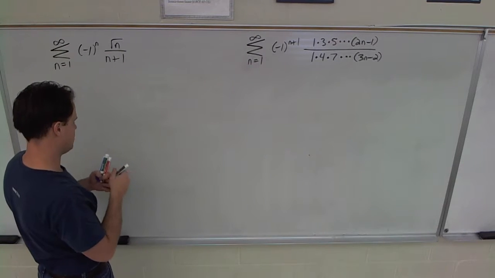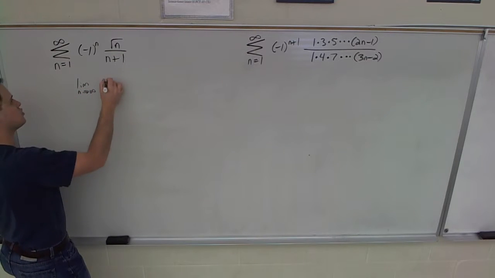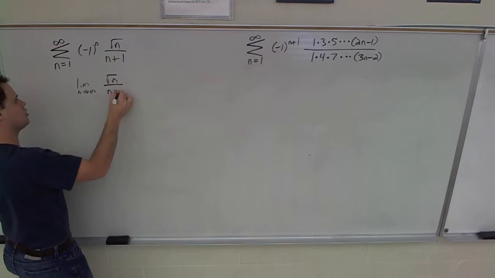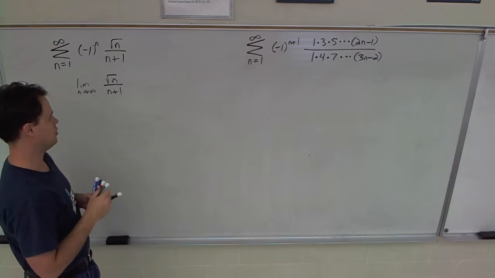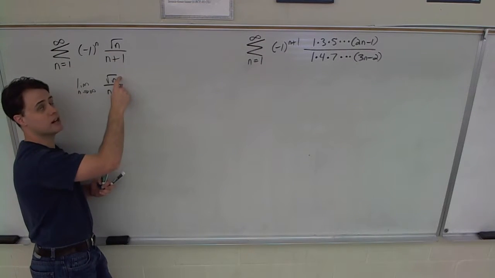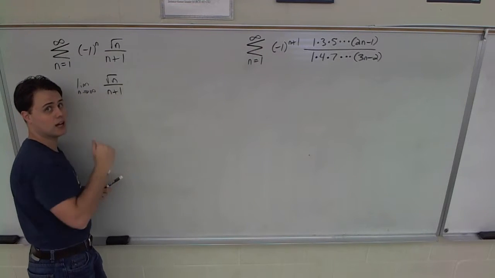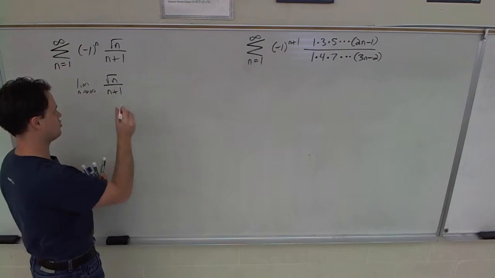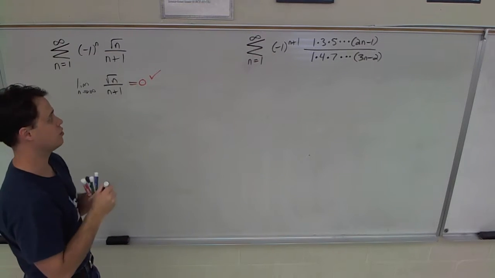So let's look at the alternating series test. If we take the limit of the sequence, not including the alternator term, what does that come out to be? Well, the order of magnitude of a root, or 1/2 power, is of course smaller than the 1 power, or a line, so that's going to go to 0. Yes, so the alternating series test is working so far.